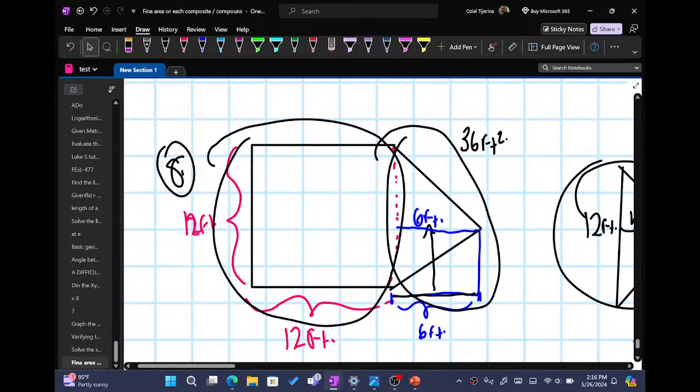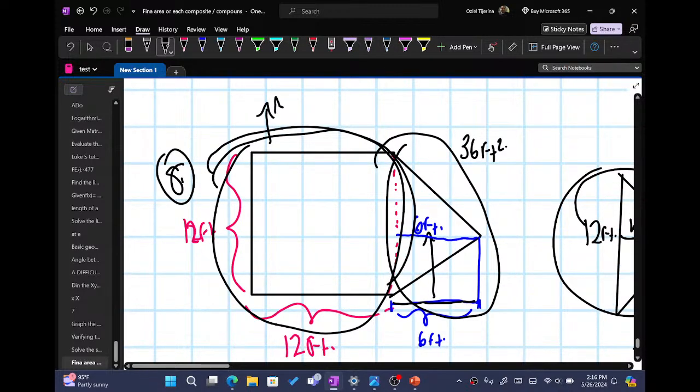Y'all can clearly see that the area of this is 144 because it's base times height, length times width.